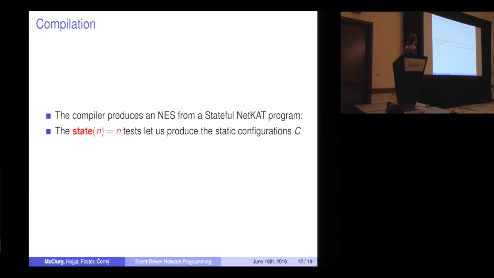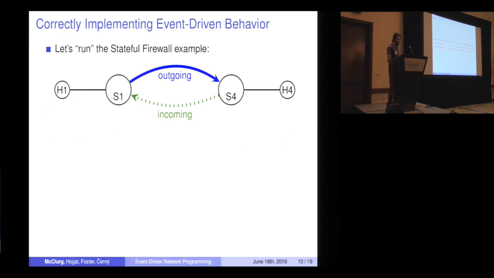Essentially, we build a static configuration for each possible value of the state, and we do that using these tests on the state global variable. We also produce the event-driven transitions between these configurations, and that happens via this assignment. The details of this are laid out more clearly in the paper.